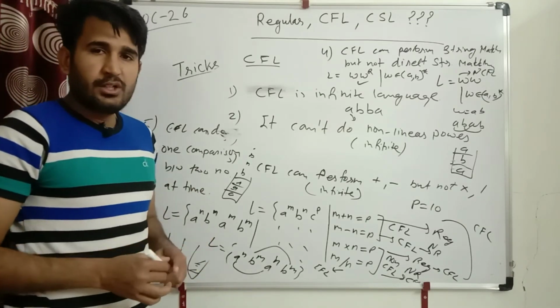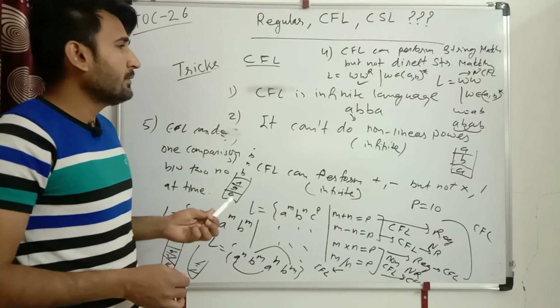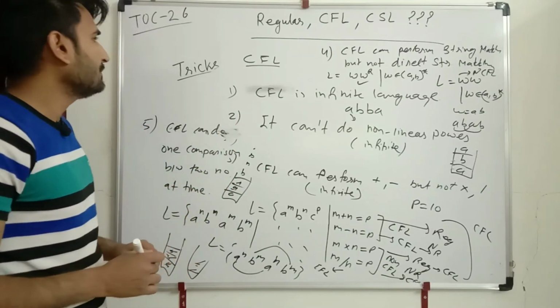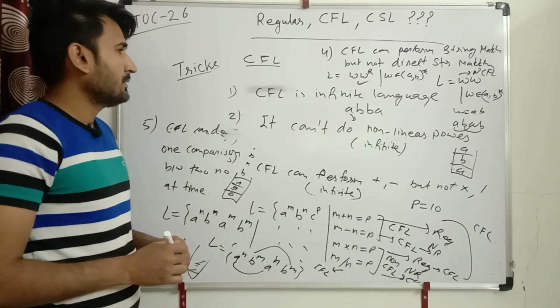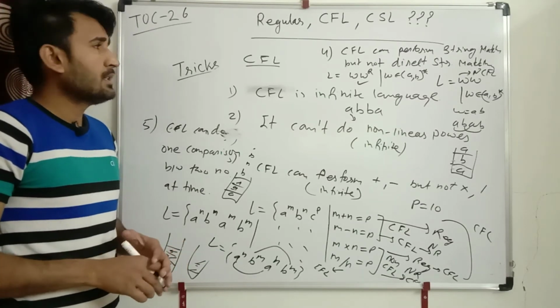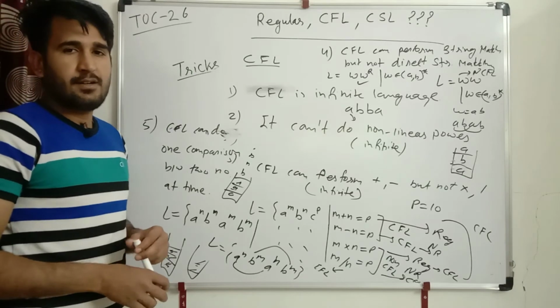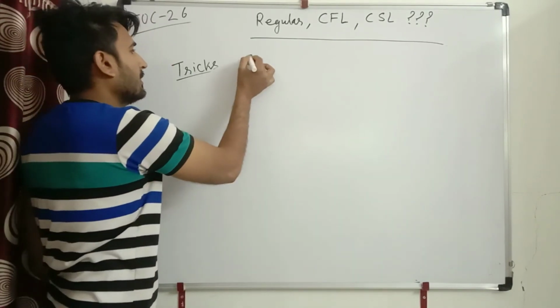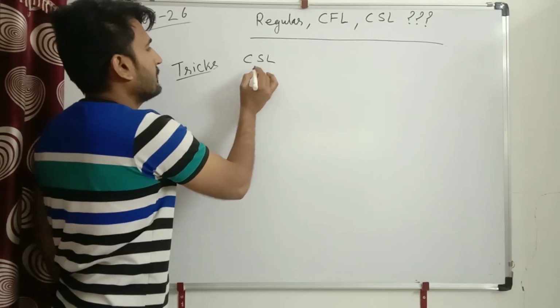I hope you all get all the points. If you didn't get, please watch again, you will get. Okay, next we will see how to identify CSL. Identification of CSL.